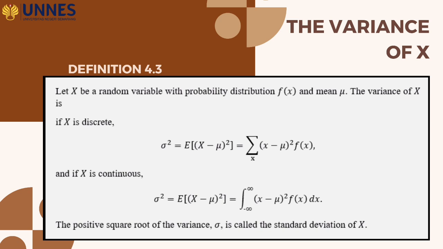And if X is continuous, sigma squared equal to the integral from minus infinity to infinity of (x minus mu) squared f(x) dx. The positive square root of the variance, sigma, is called the standard deviation of X.